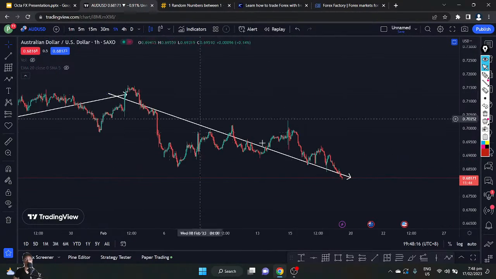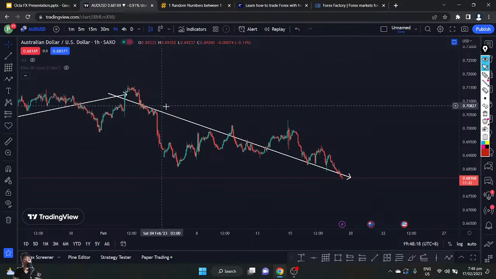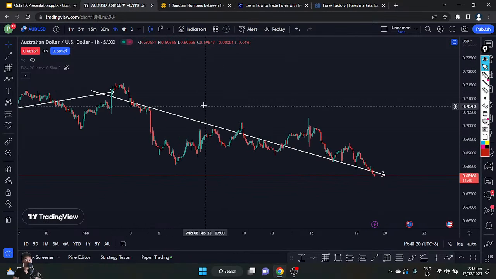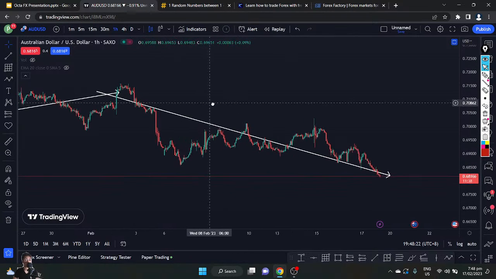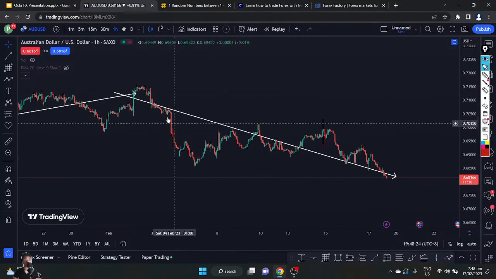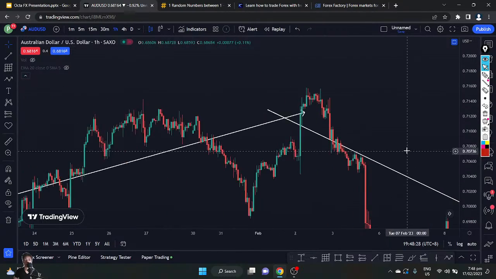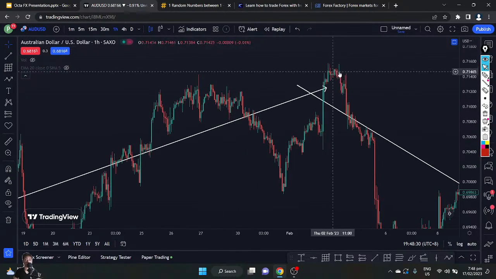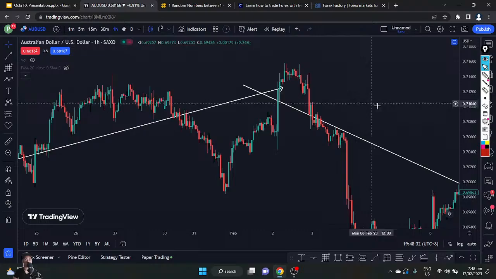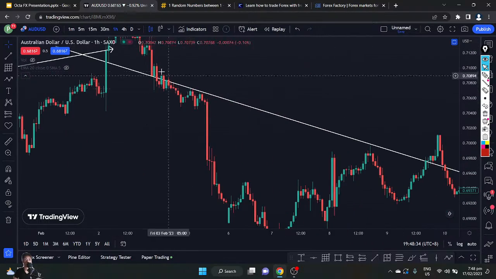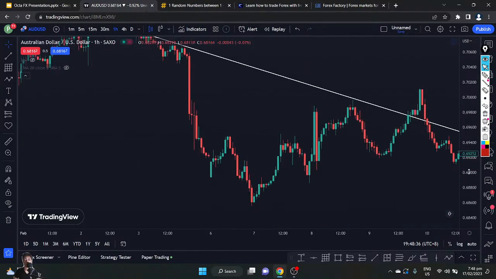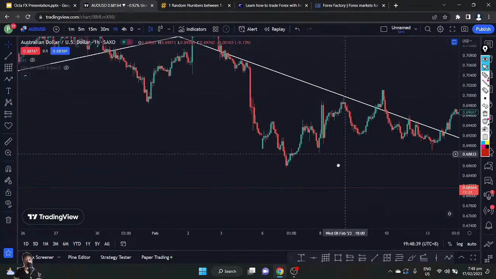So as you can see, this is the pullback that we have from the daily time frame. And if you are trading on your lower time frame, we can see that we have a lot of trading opportunities right here. And we can see that starting from the top before the pullback, we can see that the price created some selling opportunities for us.